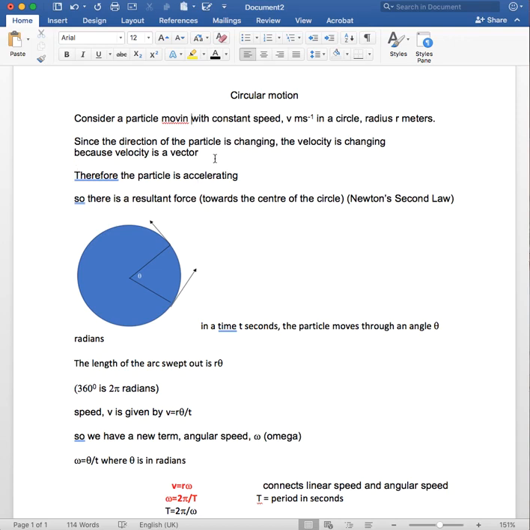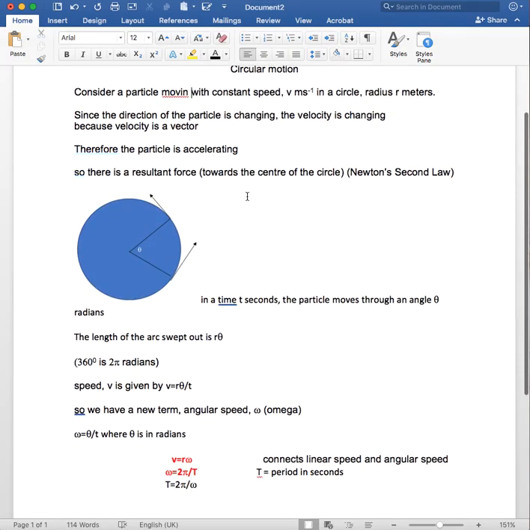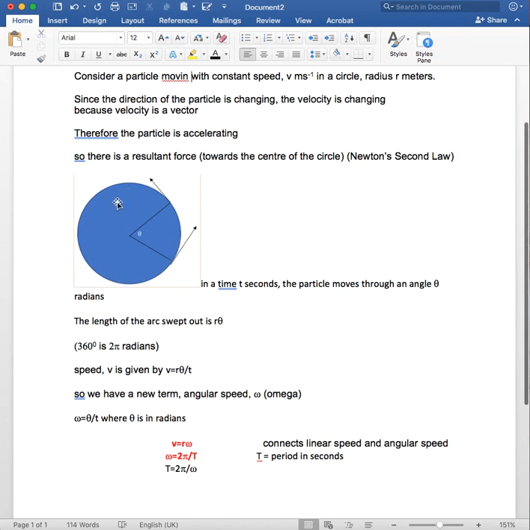We have established that because the direction is changing, the velocity is changing, therefore it's accelerating. So there is a resultant force. If we then model this and we say, well, here's our circle, radius r, and we're starting at t equal to 0 here. Sorry, I couldn't manage to make the diagram say all this. I'm not really very good at this sort of thing.